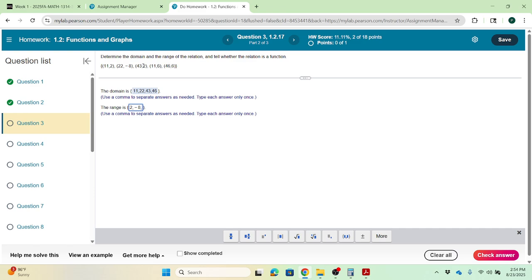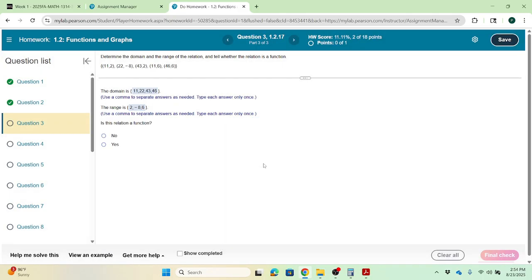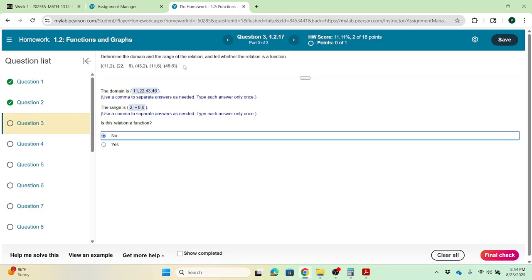I'm just collecting the y coordinates without repeating. So that's the range. Is this relation a function? No, this is a relation because it's a correspondence. Whenever you see a correspondence between two sets or a list of ordered pairs, that's always a relation. But because 11 has two outputs, it's not a function.